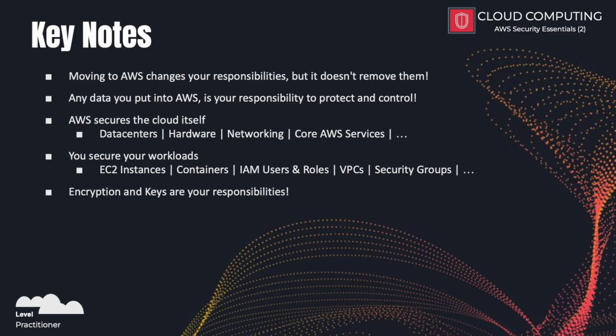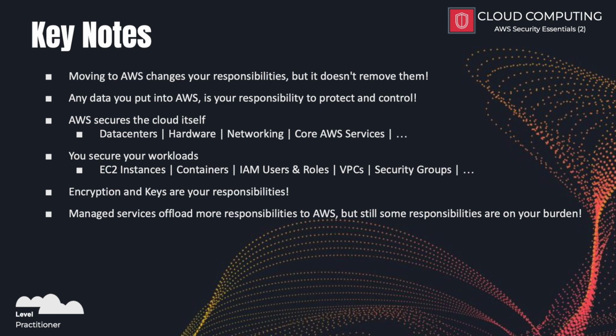Encryption and keys are your responsibility, including KMS keys, S3 encryption, RDS encryption using TLS, and so on and so forth. And managed services reduce ops work and offload more responsibility to AWS, but some responsibilities like security configuration are still on you, like RDS access, IAM policies, and network rules.